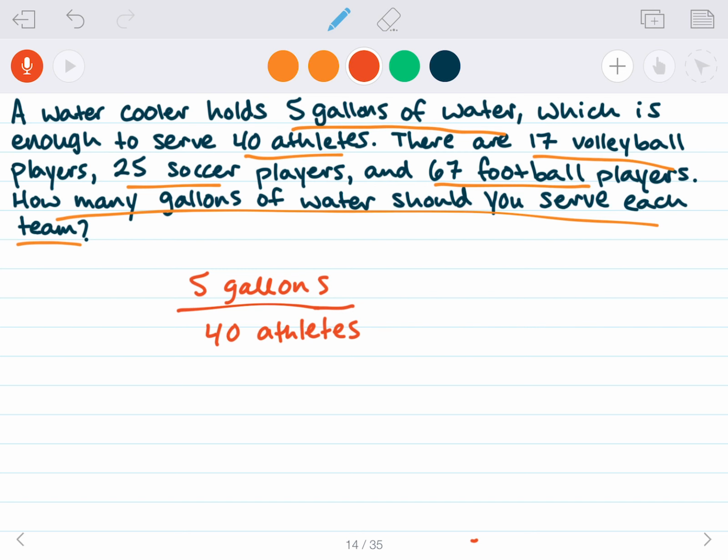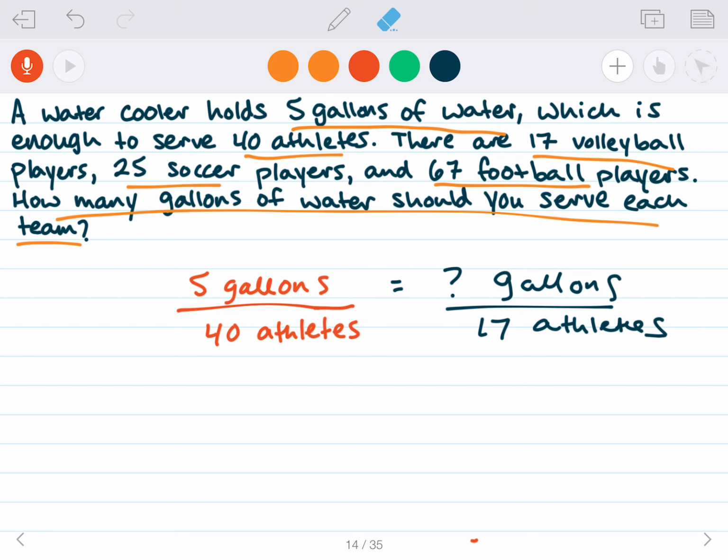So let's start with volleyball first. So it says there's 17 volleyball players. So I'm going to say, well, we're looking for how many gallons should I serve 17 athletes? Specifically the volleyball players. Okay. So I'll go ahead and transfer my numbers down. We have 5 over 40 is equal to question over 17.